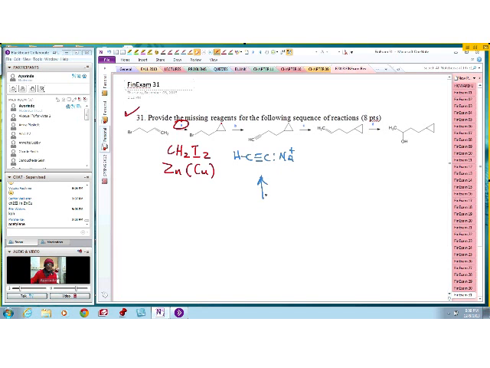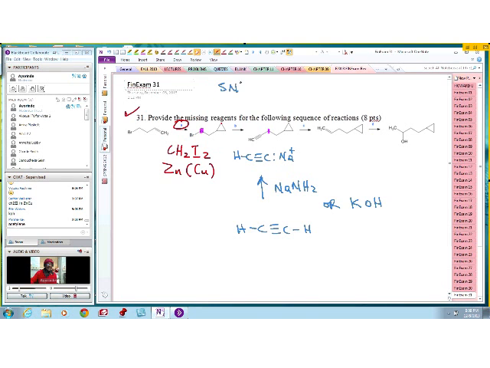Sodium acetylide, and we could get the sodium acetylide by reacting acetylene with sodium amide or potassium hydroxide. Okay, so that gives you the acetylide, and then don't forget that this carbon here is this carbon right here. So what are we doing here? We are doing an SN2 reaction in which the acetylide will be acting as a nucleophile, attacking this carbon here, and the bromine will be a good leaving group.